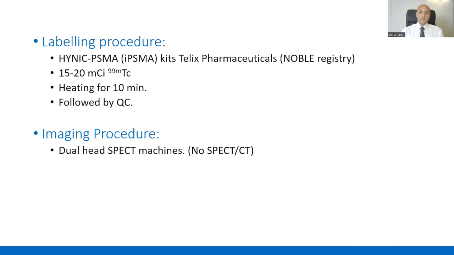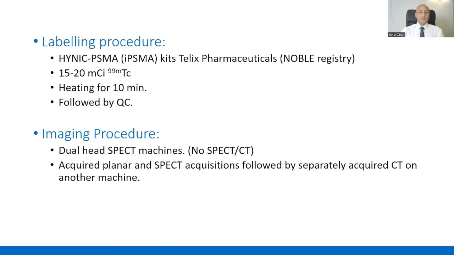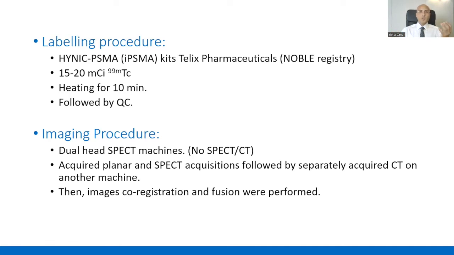So what we did to solve this issue is that we acquired SPECT acquisitions and planar on our gamma camera machines, and then the patient was sent to be imaged as a CT separately acquired on another machine. And then later on, the images were fused together using a software. So we had the volume of the SPECT and the volume of the CT from different machines and then fused together on a software.